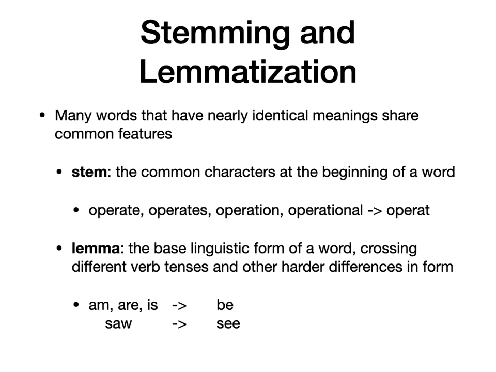The stem of a word is anything that has the same characters at the beginning when the words all have the same meaning. So, operate, operates, operation, operational. What do those have in common? They have operat, because they're all using a slightly different suffix, right? But they're all in the same zone.